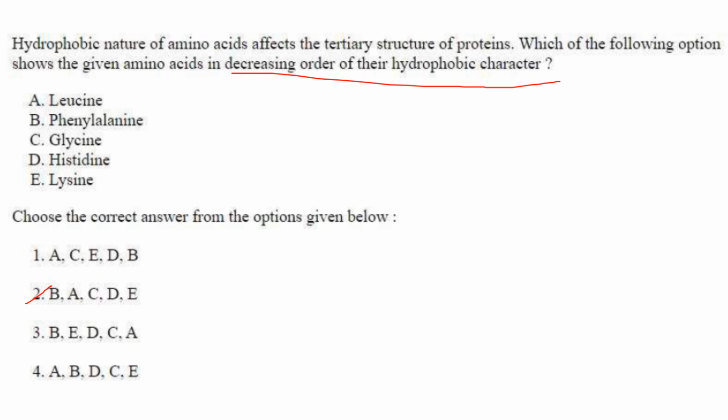So lysine is the least. So last will be E, lysine, and before that will be histidine. Then the others we will see. So most hydrophobic will be phenylalanine. So B. Then comes leucine, A. Then comes glycine, then histidine, and then lysine. So the answer here will be option 2.